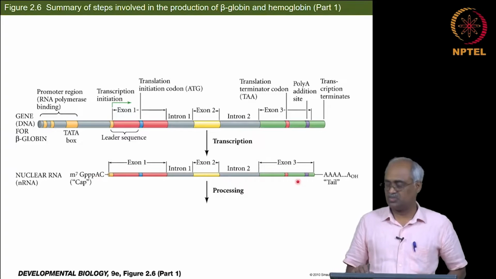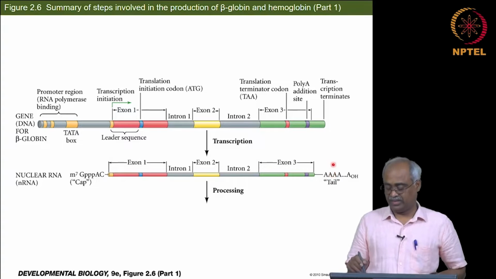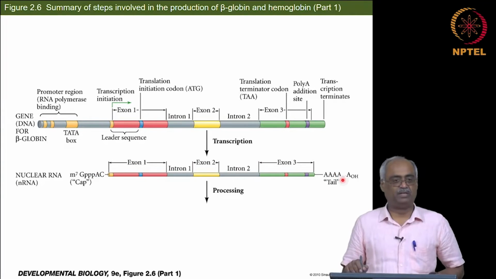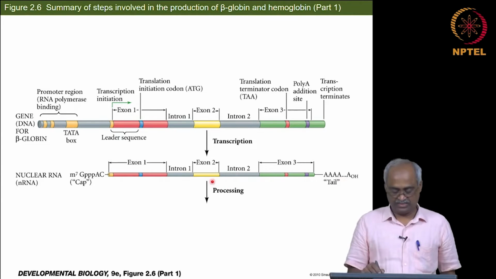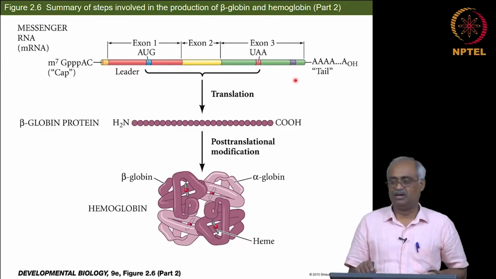These additions help in protecting RNA, okay. But I am not sure whether that is the reason why that step is first, but these additions at both ends happen before splicing. So then you have processing, which is essentially splicing, then you have the messenger RNA or mature mRNA.